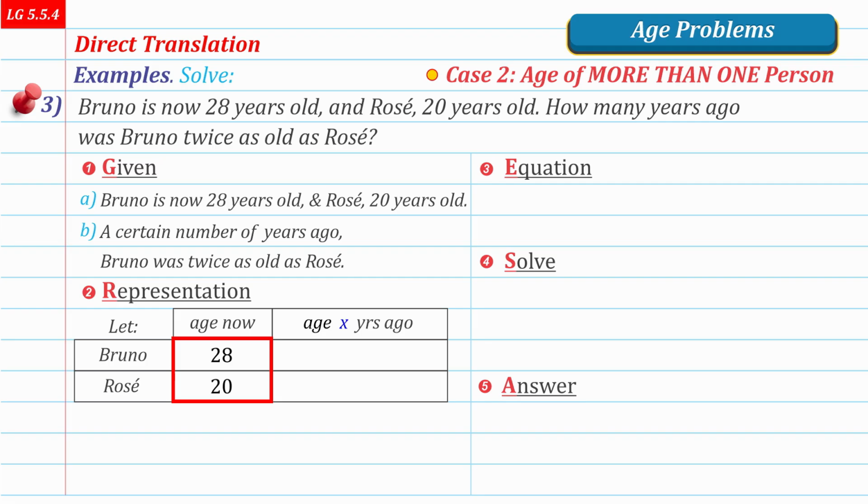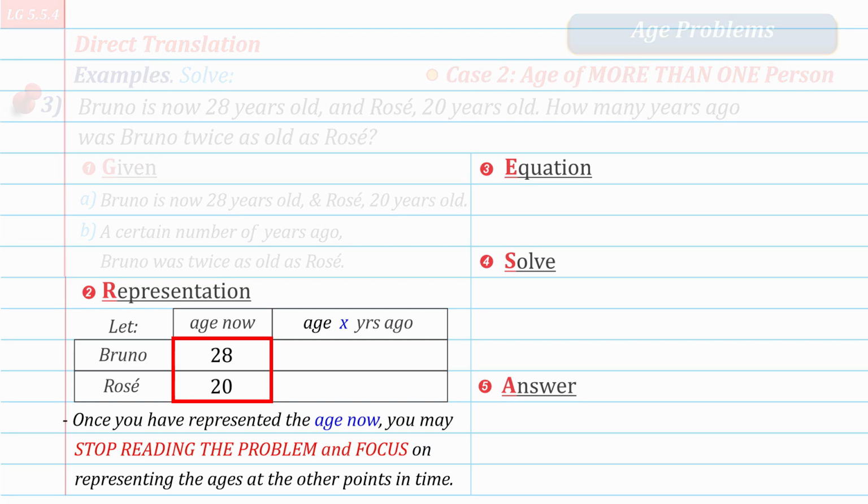So we can forget everything and stop reading the problem and just focus on representing the ages at the other points in time. In this case, we can now focus on getting their ages X years ago. And since we are looking for their age X years ago, we must subtract X from their current ages.